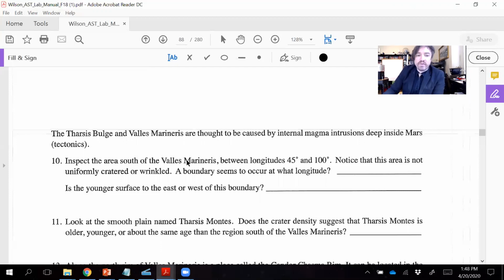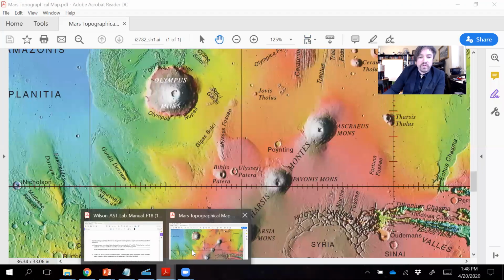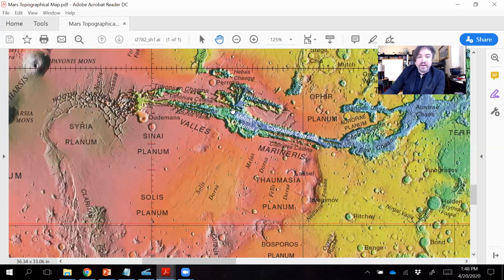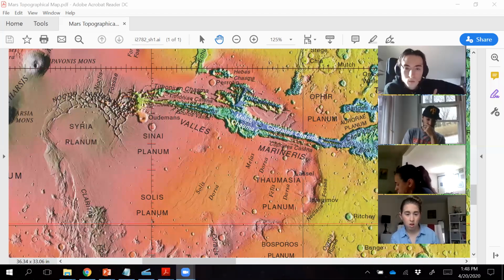Inspect the area south of the Valles Marineris between longitudes 45 degrees and 100. Notice this area is not uniformly cratered or wrinkled. A boundary seems to occur at what longitude? Is the younger surface to the east or west of this boundary? So this is the Valles Marineris, by the way. It's like Mars's version of the Grand Canyon, but it's more like a crack in the crust.